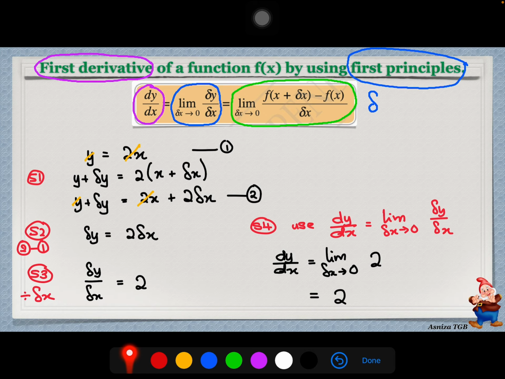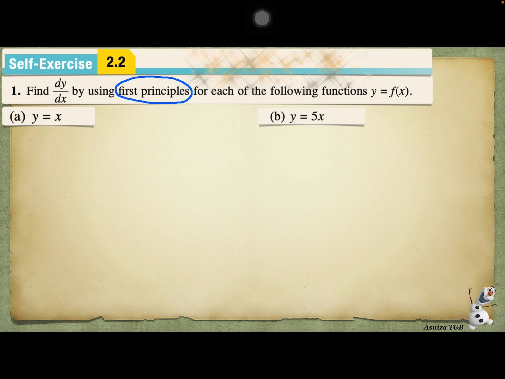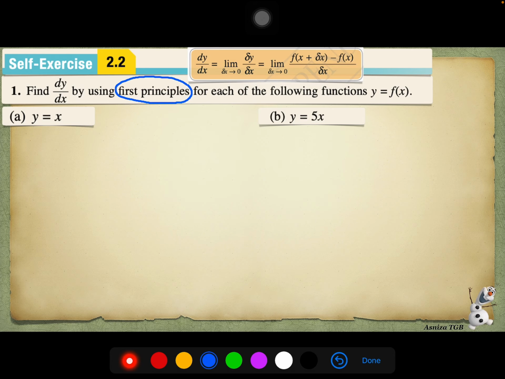Next example, the next exercise: I'm going to find dy/dx. We need to find dy/dx using first principles for each of the following functions. I'm going to use the theorem for finding dy/dx using first principles.